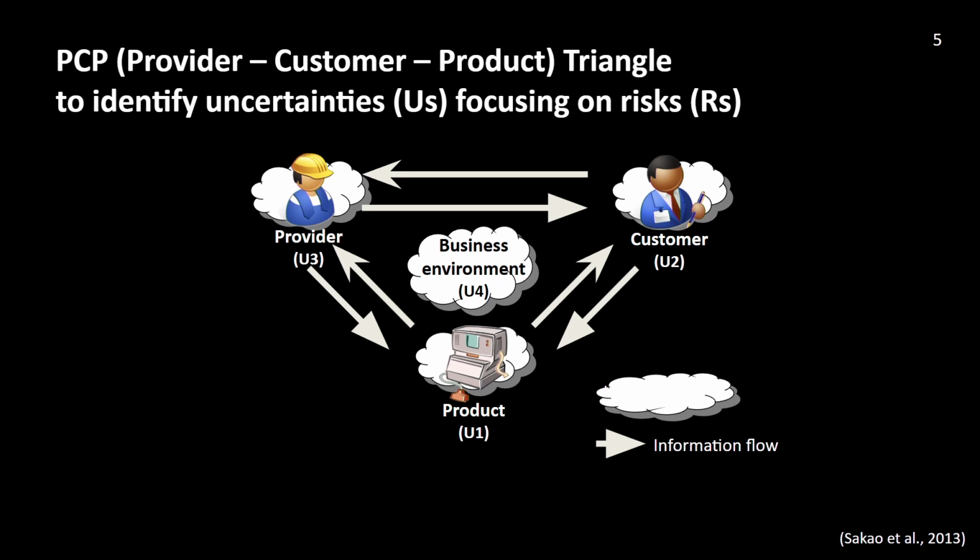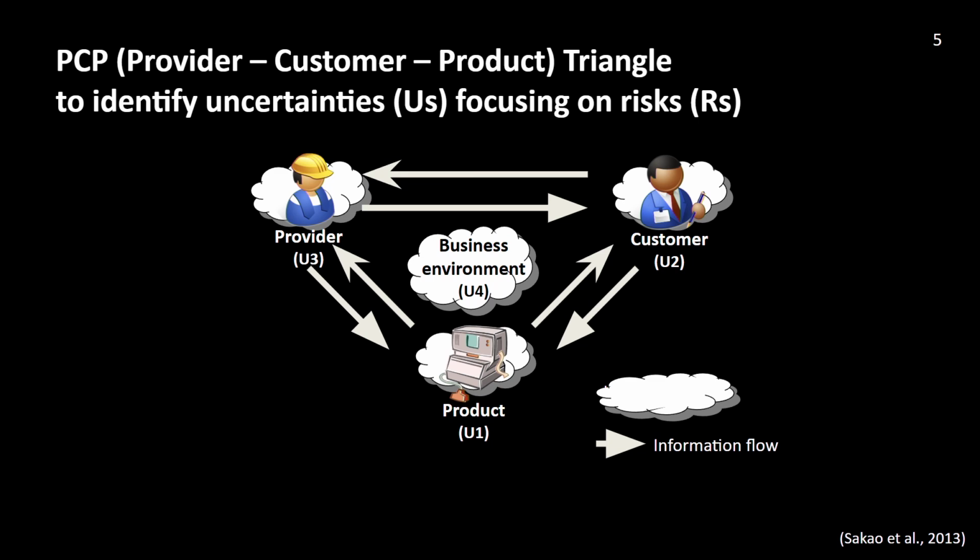As we discussed earlier, there are various types of uncertainties, and also the reasons why such uncertainty exists can be caused by different things.